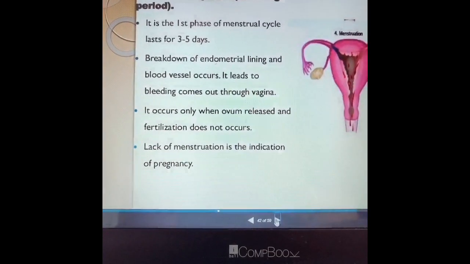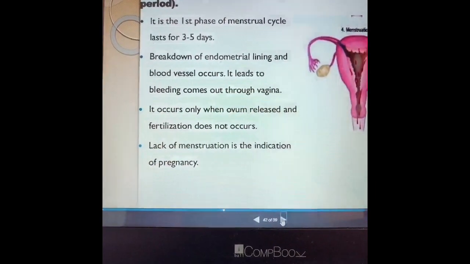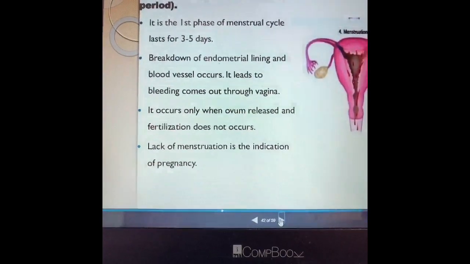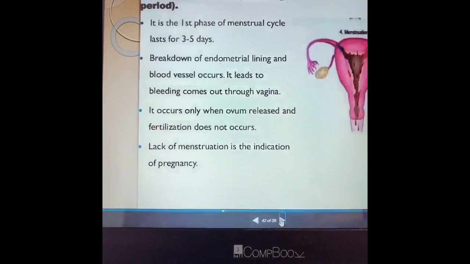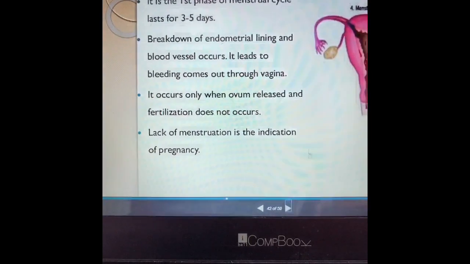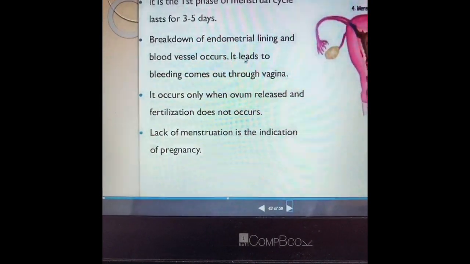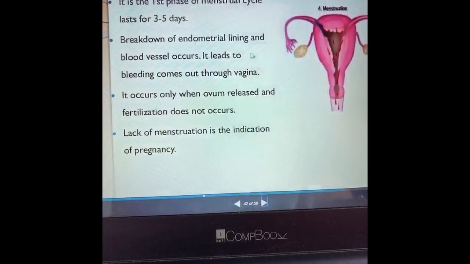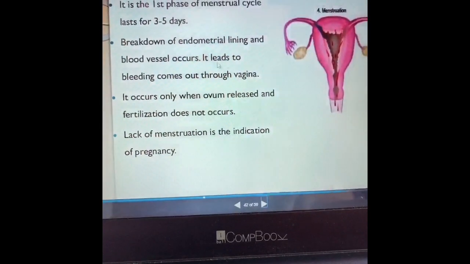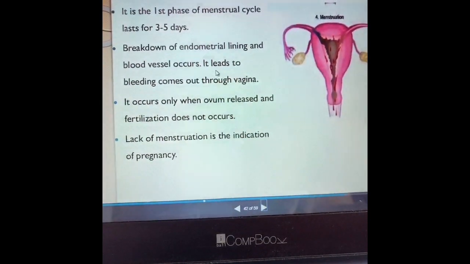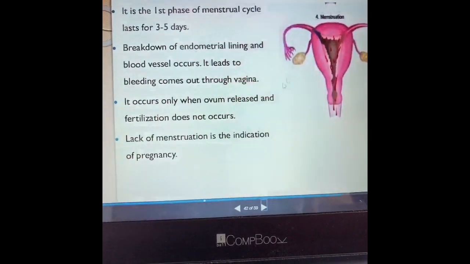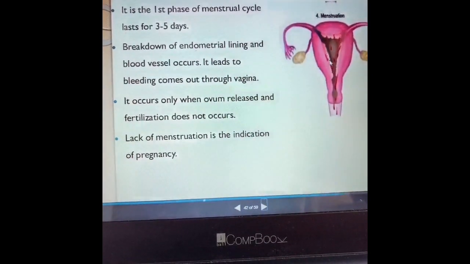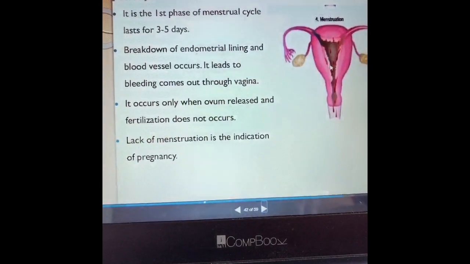As the LH decreases, the corpus luteum degenerates. As a result, the level of progesterone goes down, and this causes breakdown of the endometrial lining and blood vessels, leading to bleeding, which comes out through the vagina. So this inner wall is shred.